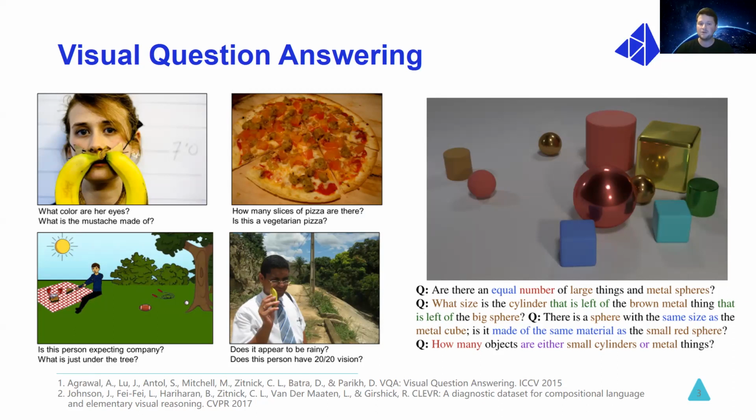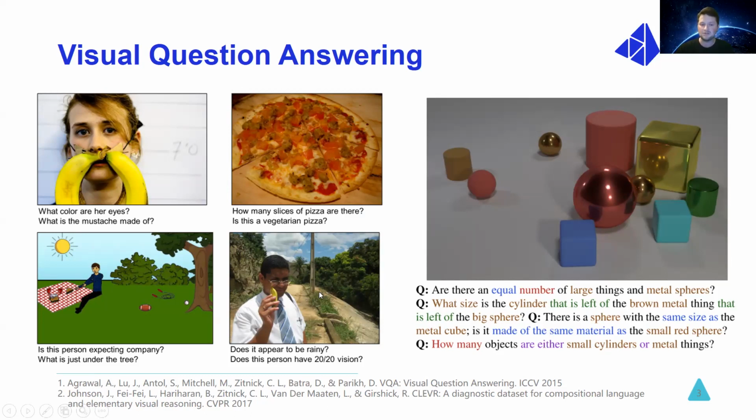It's very difficult in terms of images and in terms of common sense reasoning, because if you look at this example, where we have a pizza and the question, is this a vegetarian pizza? The system should have knowledge of vegetarian.